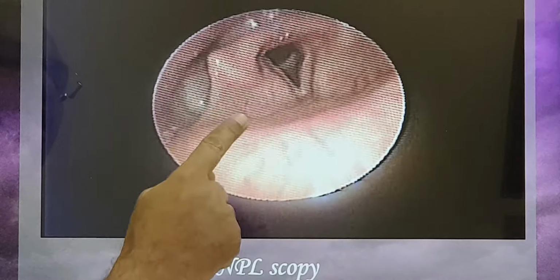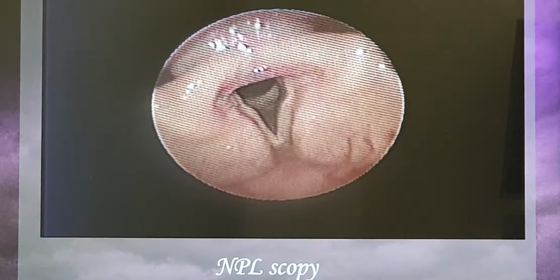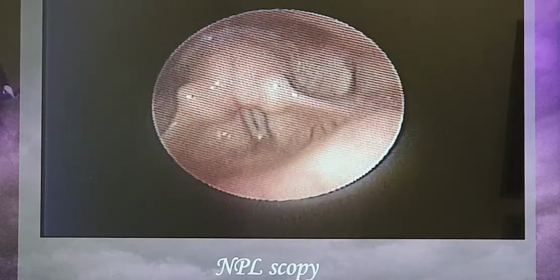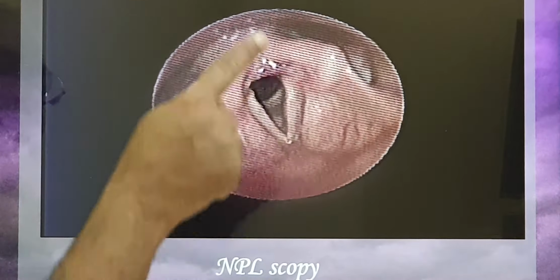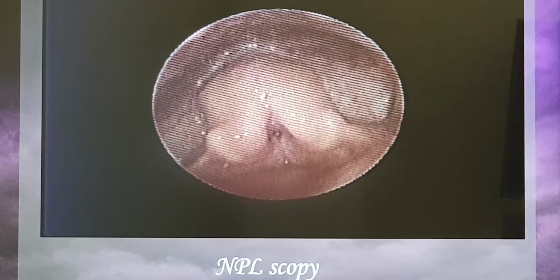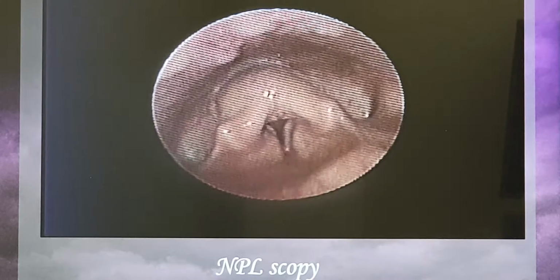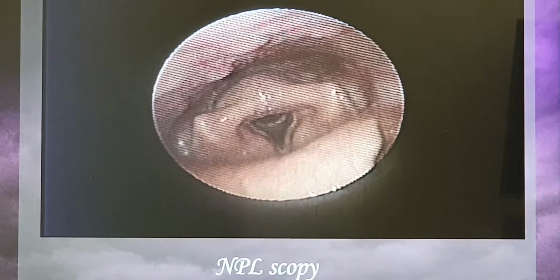These are the vocal cords, and you can see the movement. I'll instruct the patient to say the word E, and you can see the movements of both vocal cords, and the edge is straight. So these are the vocal cords. Let me proceed now.